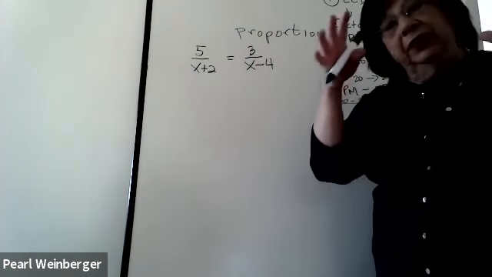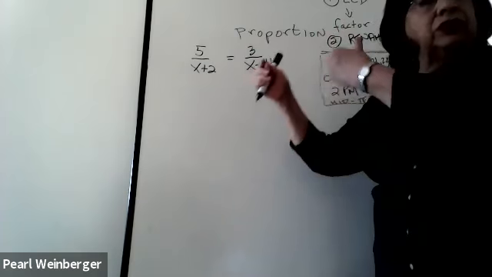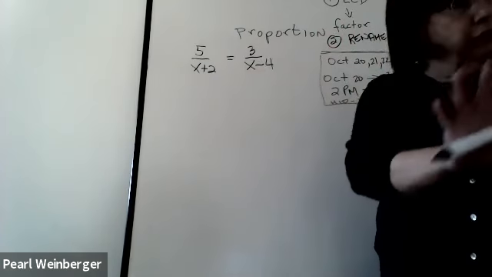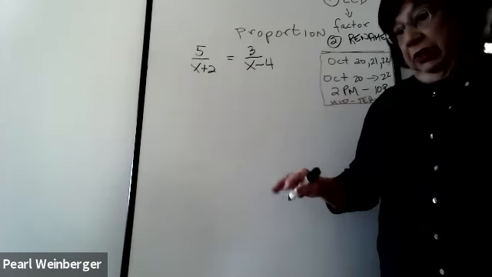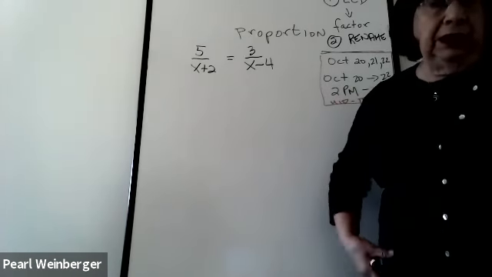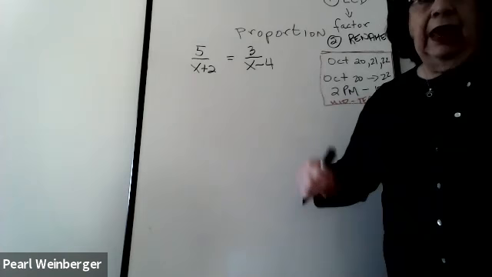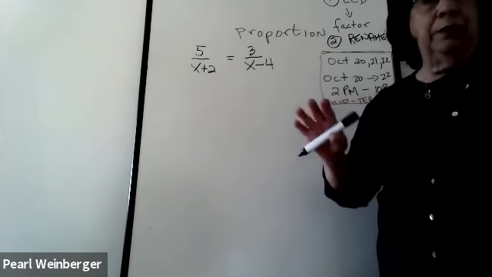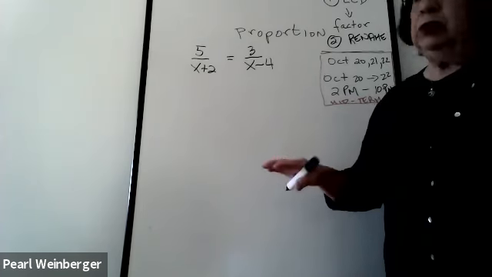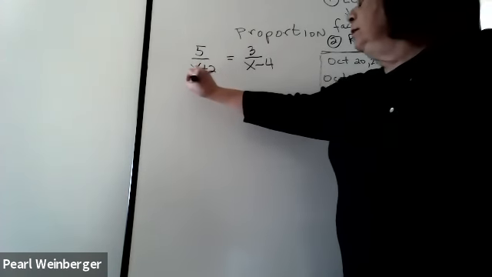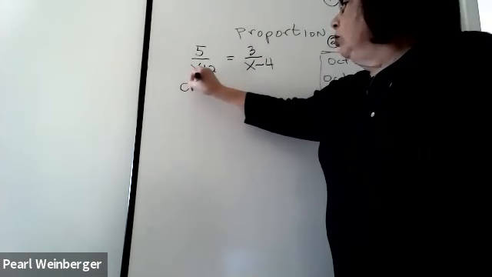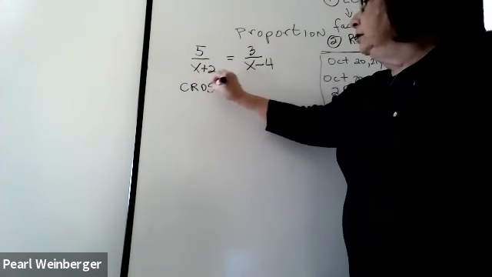In other words, I don't have a fraction plus another fraction plus another fraction. So I just have one fraction alone on one side, one fraction alone on the other side. Then you have something that's called a proportion. And one way, it's not the only way, but sometimes the easiest way to solve a proportion is by what we call cross multiplying.